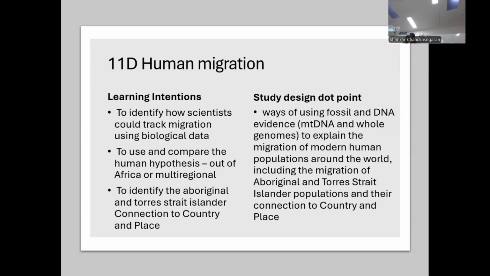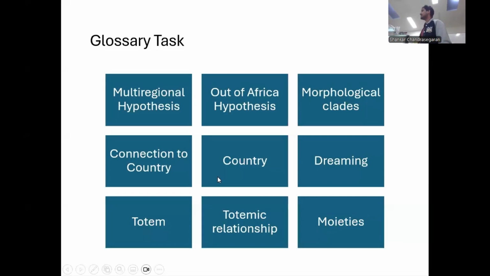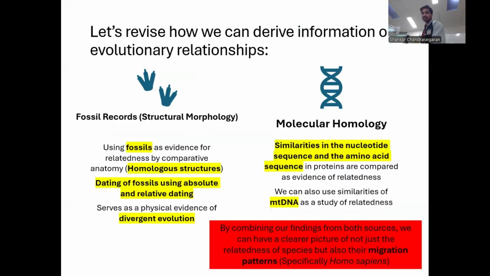And that will also include talking about Aboriginal and Torres Strait Islander populations and their connection to country and place. So we'll be looking at all the evidence to support our findings about how they moved from where Homo sapiens evolved first, and how they migrated out from our point of origin to all the other places. So yeah, your glossary task.